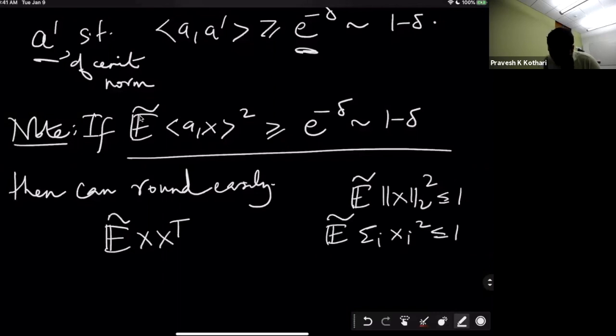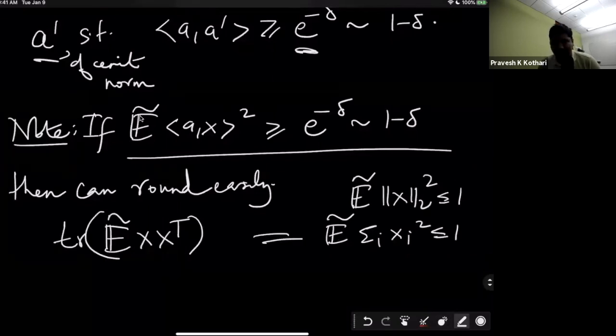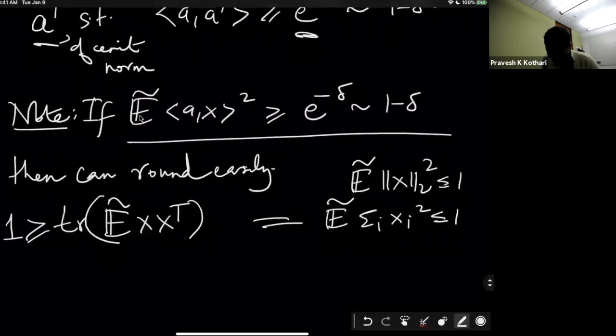Notice that the trace of this matrix is simply this. So you have a matrix whose trace is at most 1, and it's a positive semi-definite matrix because the pseudo expectation of XX transpose is PSD.